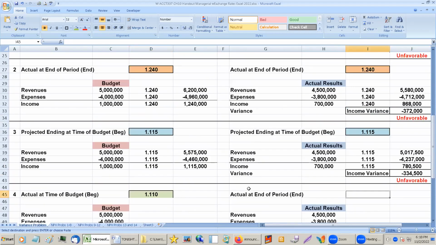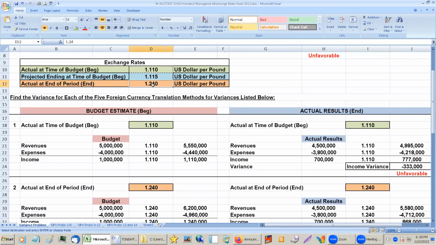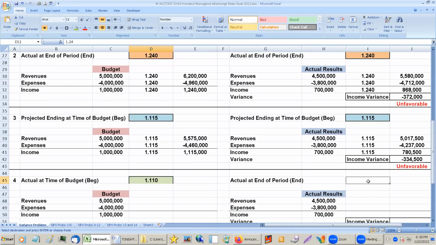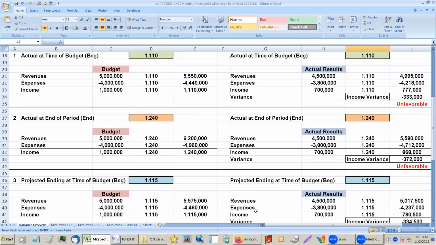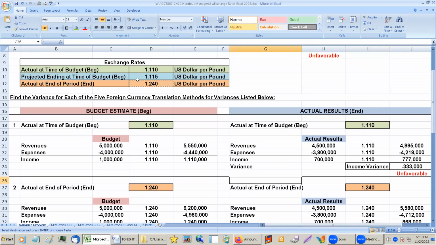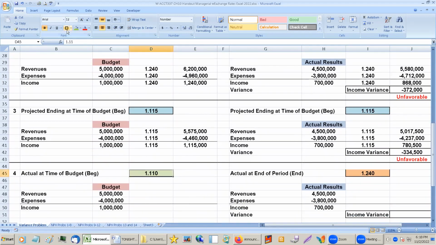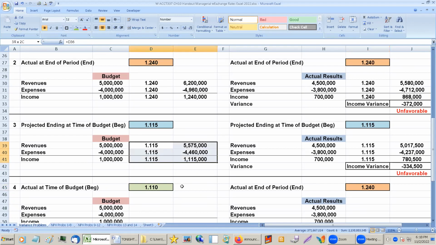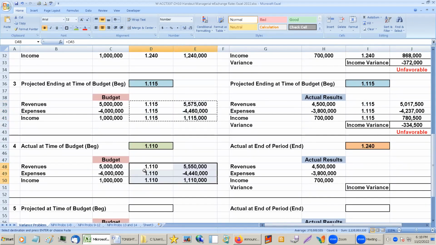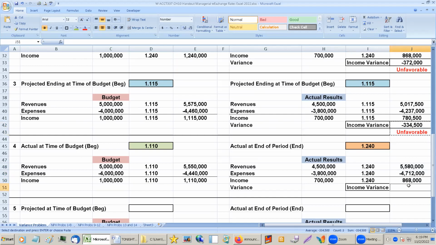Actual at the end of the period. Okay, again, just multiply them out.